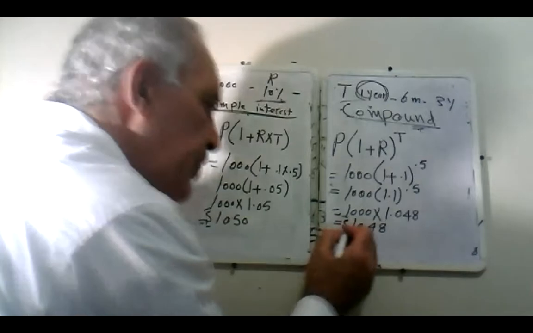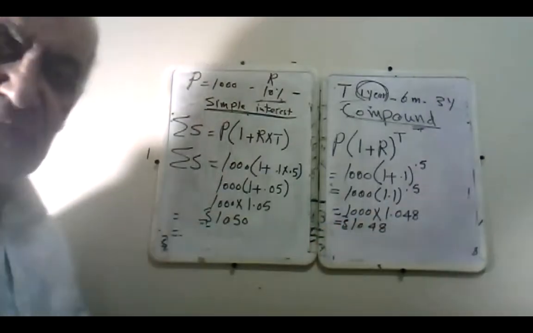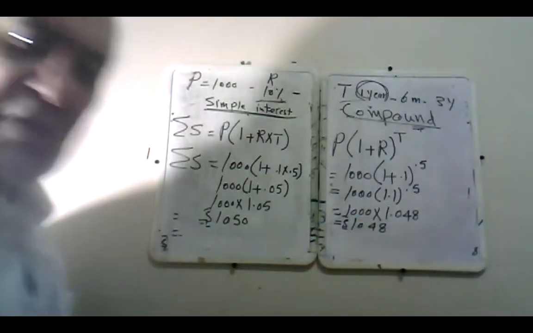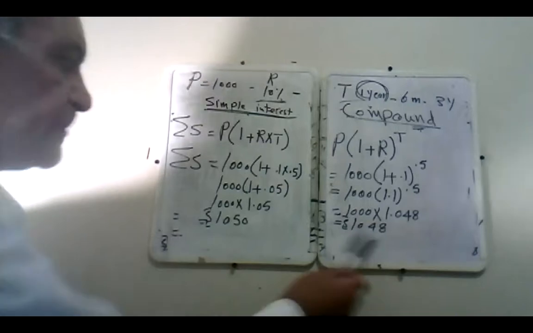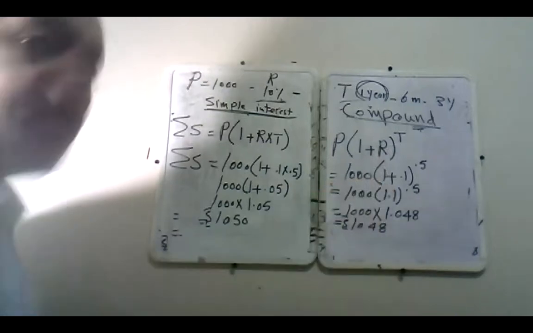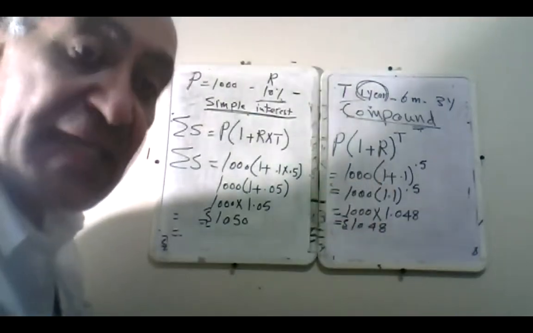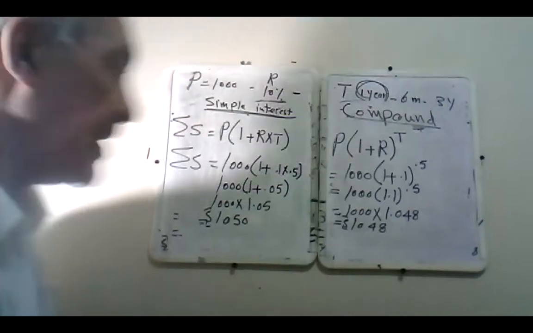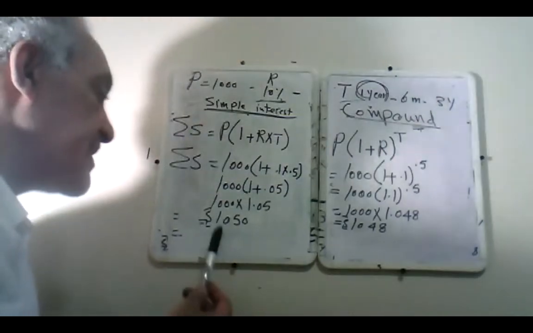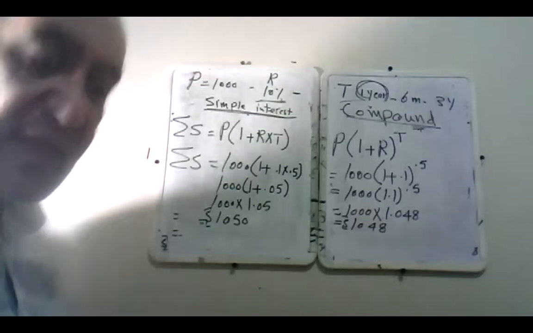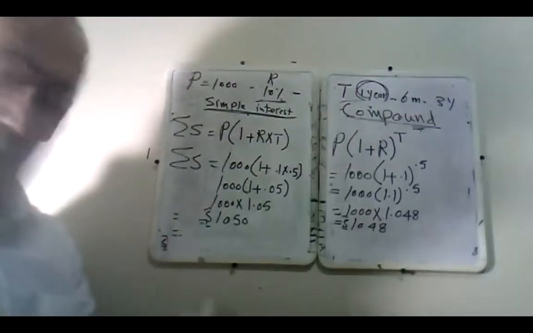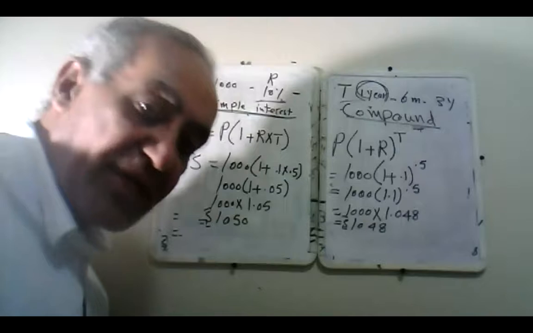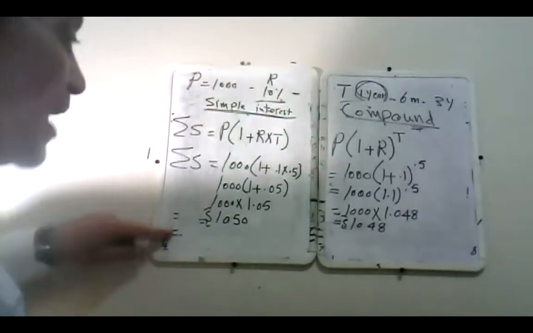So what do you notice from here now? You will notice that if the period of time is less than 1 year, then the simple interest is greater than the compound interest. That's if the period of time is less than 1 year. Let's see now.